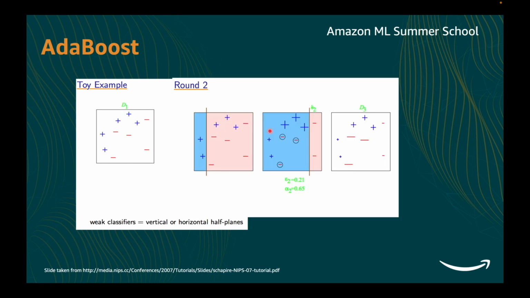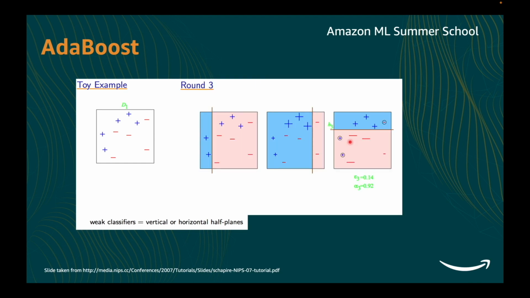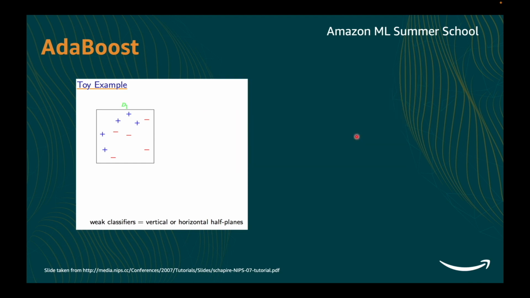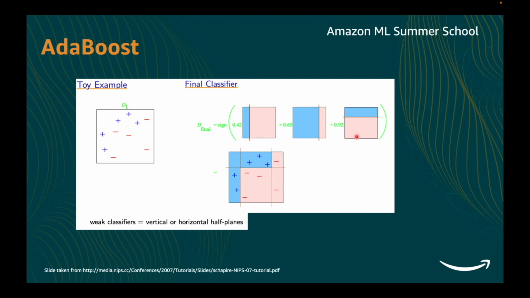So in round number 2, you have a second classifier which is now incorrectly predicting these ones, and then these ones are given a higher weightage in the next round. Round number 3, these ones are given a higher weightage, and so on and so forth.